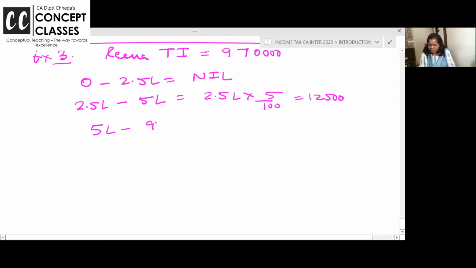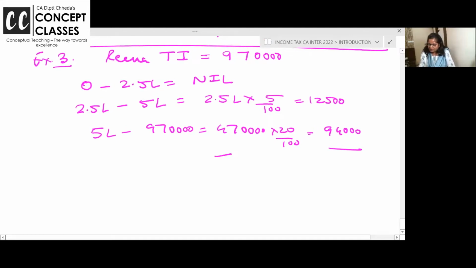Now 5 lakh to 9 lakh 70,000. How much is the income above 5 lakh? 4 lakh 70,000. And 20% of 4,70,000 is 94,000. So what is your total tax? 1,06,500.